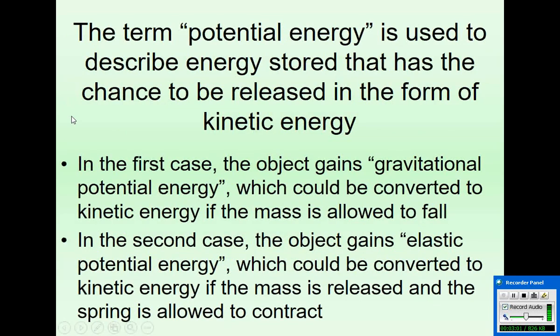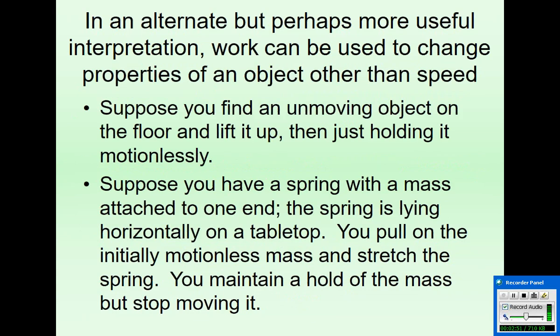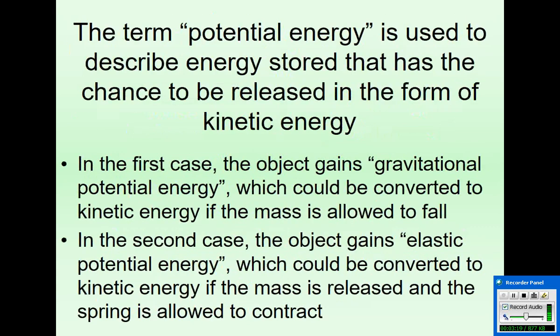We use this term potential energy for gravitational work and spring or elastic work. We can talk about gravitational potential energy, and we can talk about elastic potential energy. We use the word potential because, for instance, if you lift up this object, and then release that object, you stored energy in the process of lifting it.